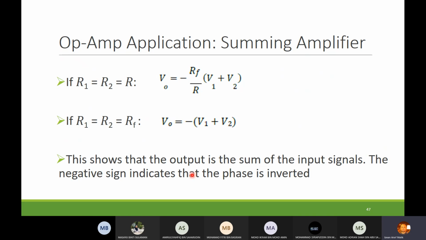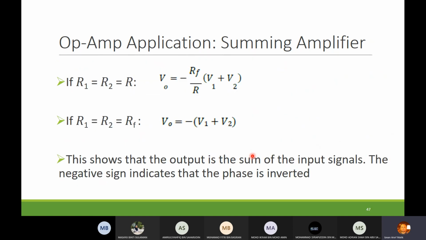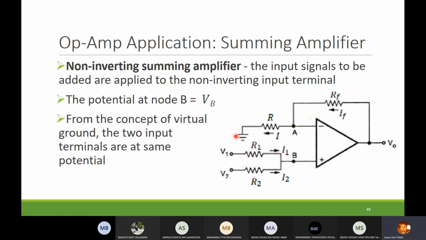The negative sign indicates that the phase is inverted. So both condition untuk nilai R1 dengan R2 sama dengan nilai R pun ada negatif. Kalau R1, R2 sama dengan RF pun sama juga, ada negatif. So R1 dengan R2 either sama dengan nilai R ataupun sama dengan nilai RF. Okay, so that is for inverting.